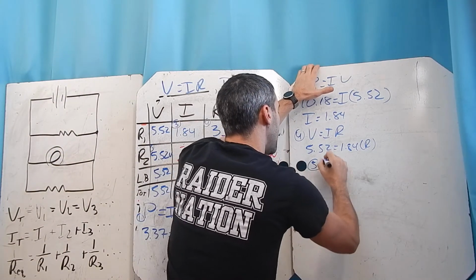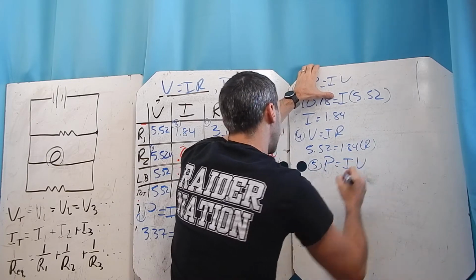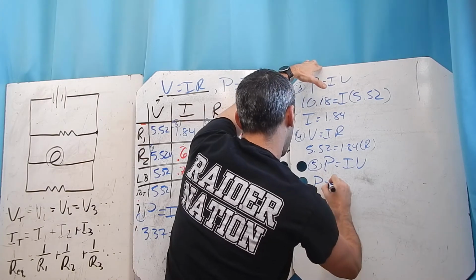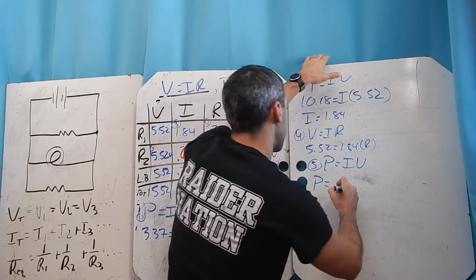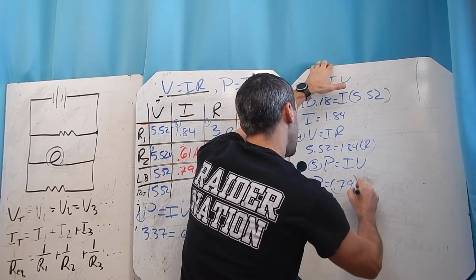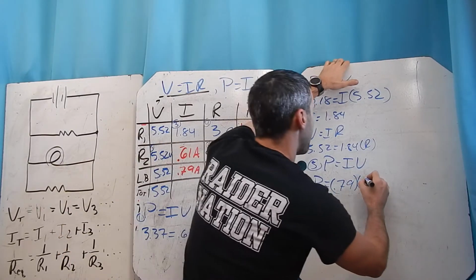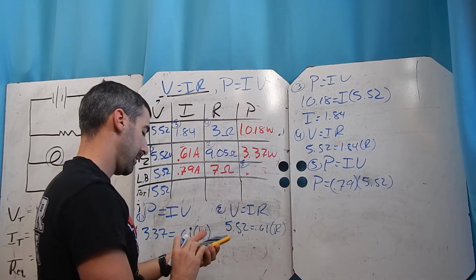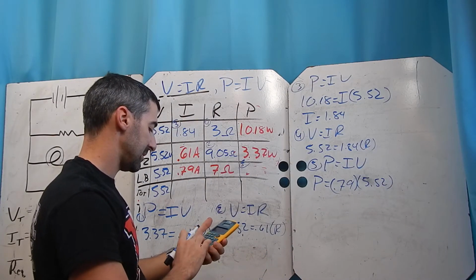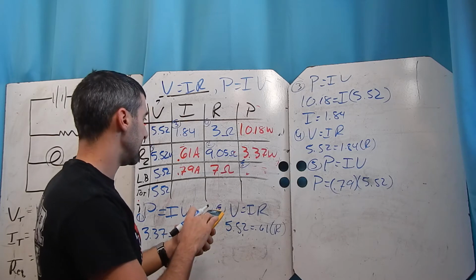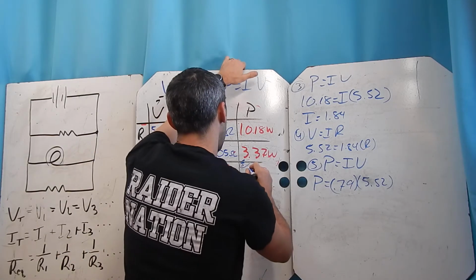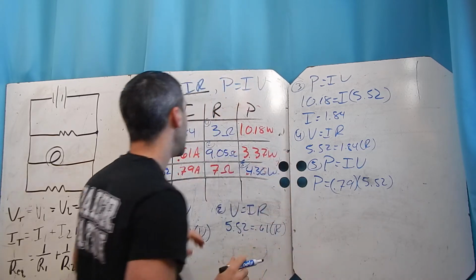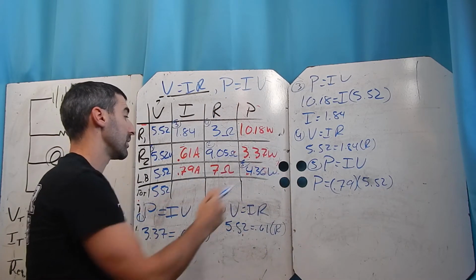Number 5, power equals I times V. So I'm looking for the power equals 0.79 times V, 5.52. 0.79 times 5.52 is 4.36 for the power. 4.36 watts.